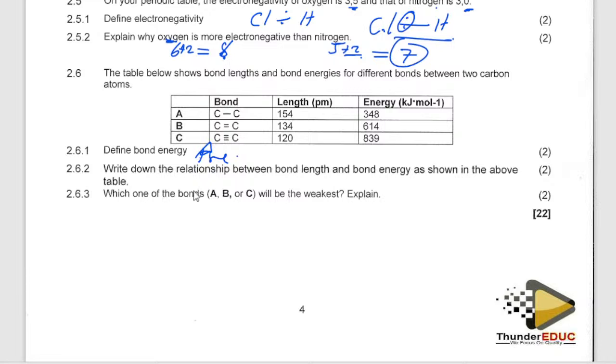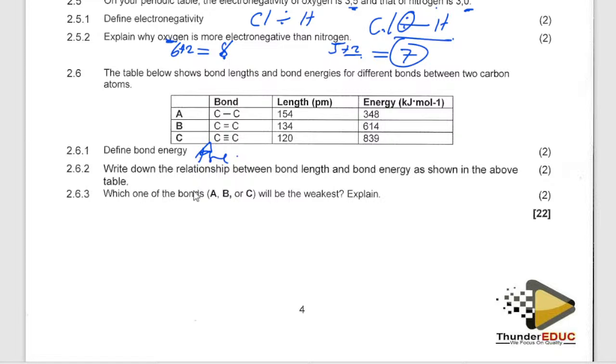Sometimes we define bond energy as the amount of energy released when 1 mole of bonds is broken in gaseous form, and this type of bond must be in a covalent state. So you can also define it in that way.